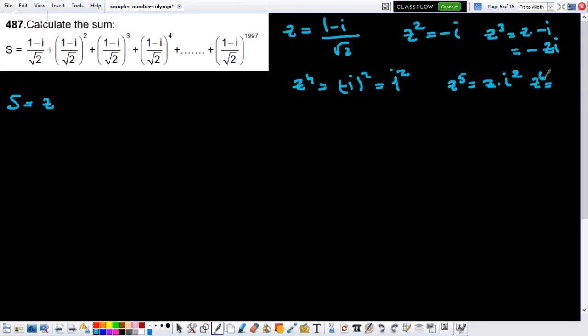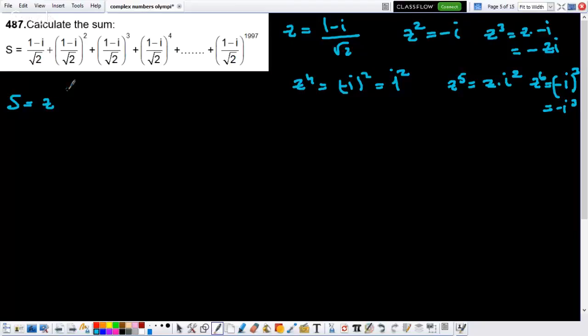So z to the power of 6 is going to be equal to z squared to the power of 3, which is equal to minus i to the power of 3, which is equal to minus i cubed, it's going to be.